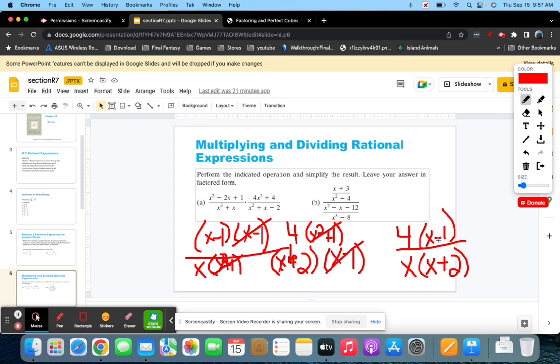Okay. It would be the same for this one over here on B, except this is going to be a little bit longer because I have to say x plus 3 divided by x squared minus 4. And then, because it's dividing fractions, you've got to flip it over and multiply. It'll be times x cubed minus 8 on the numerator over x squared minus x minus 12 on the denominator.